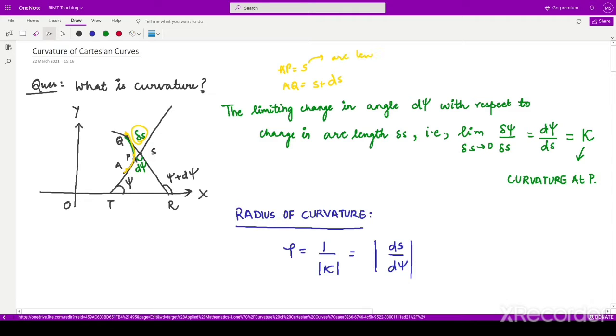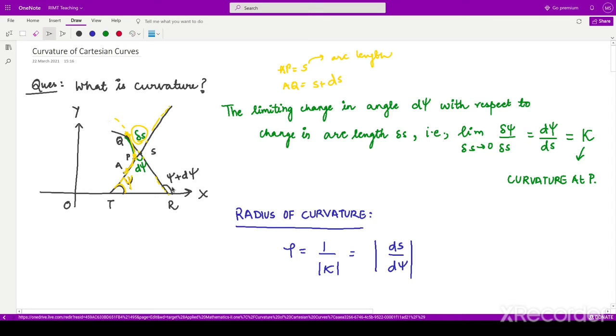So now if you draw a tangent from this point P onto this x-axis, this is the tangent, and suppose it makes an angle of psi with this positive x-axis. Now you draw another tangent line from this point onto this x-axis.